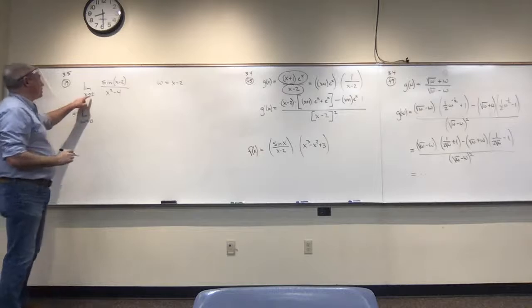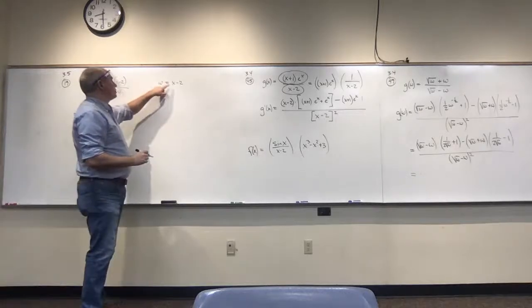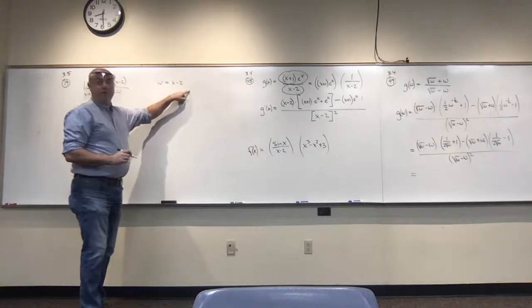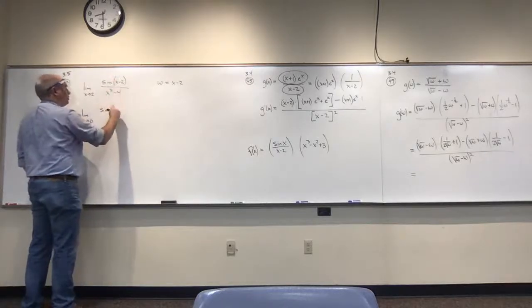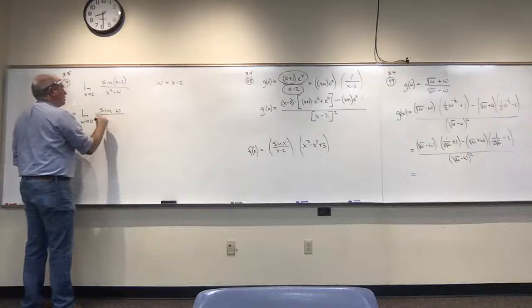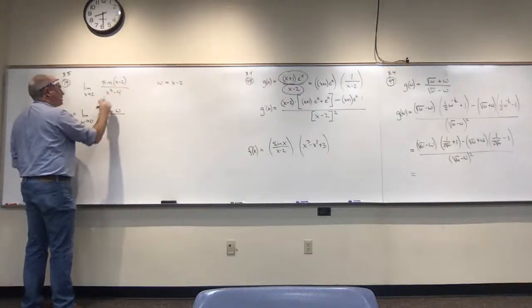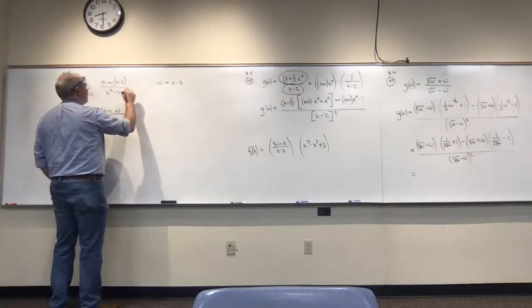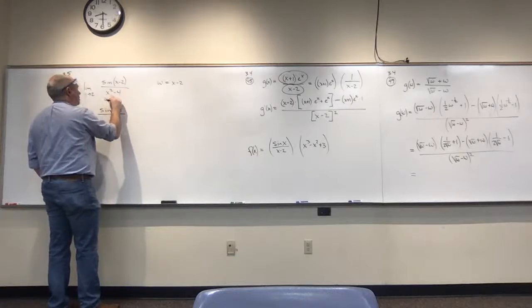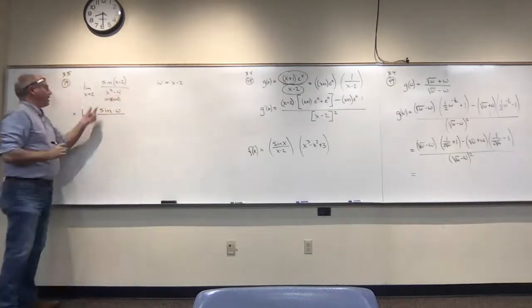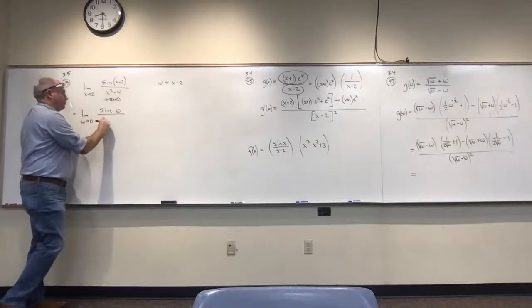Because if x is going to 2, w is going to 0, of sine of w over, so here we have x minus 2 times x plus 2. Well, x minus 2 is w.